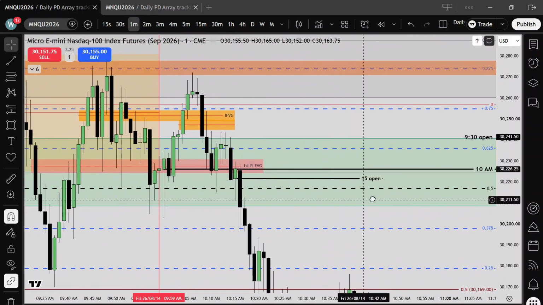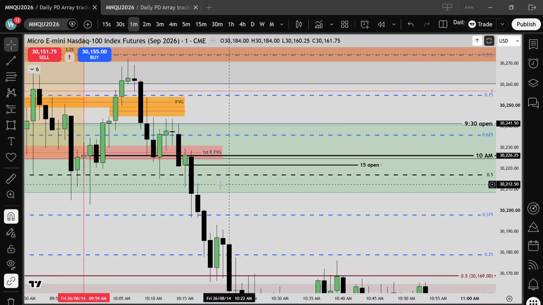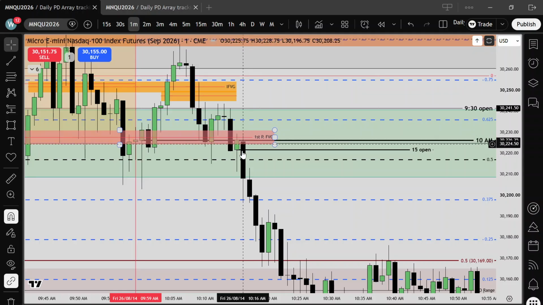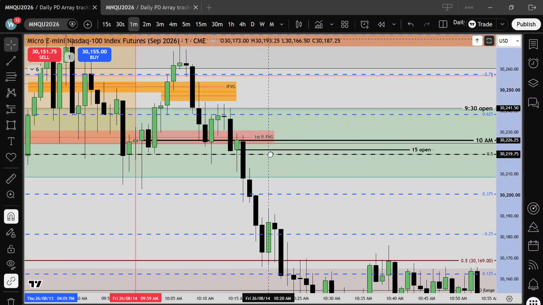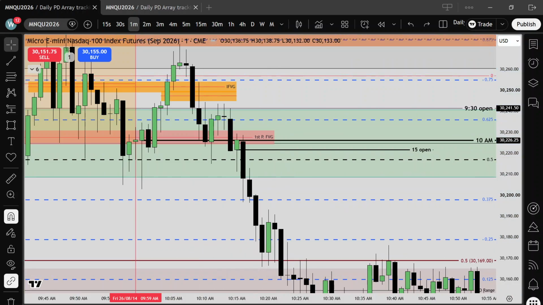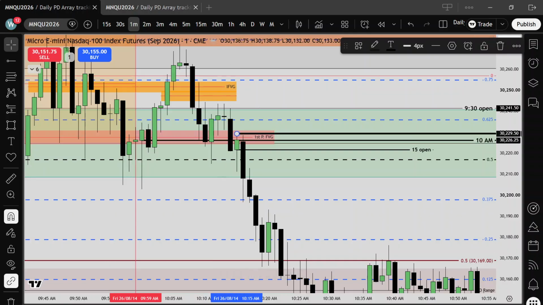Even if you don't buy that, this is what I was saying earlier, but if you wait for the second candle of a 15-minute time frame, here's our open. So here's the high of the first candle. Here's the low of the first candle.